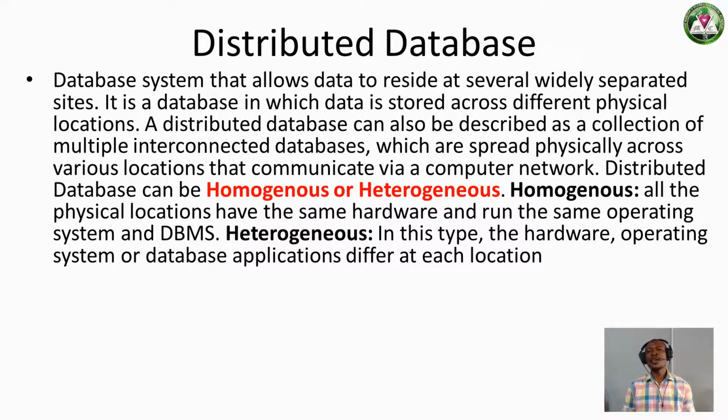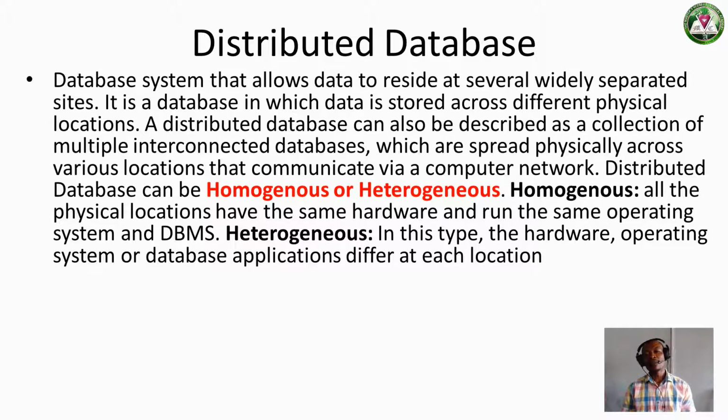So when we have a distributed database where all the physical locations have the same hardware configuration, run on the same operating system, and have the same type of DBMS, we say that such a distributed database is a homogeneous distributed database. The next one is the heterogeneous distributed database.